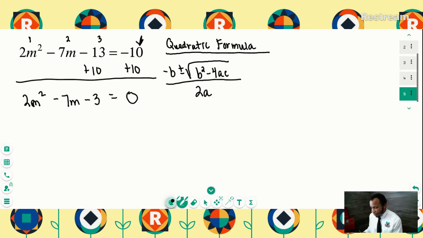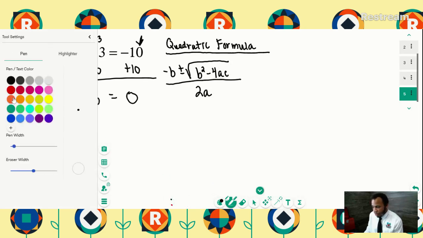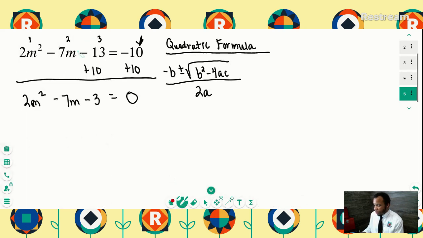Now from here, notice that when we wrote out the quadratic formula, we have letters and not numbers. What we need to do is identify the variables that we'll be plugging in for those values.